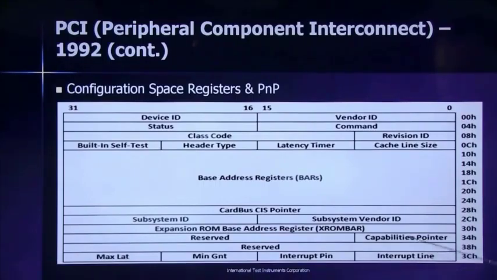Capabilities is something that does the same thing. It points to other structures in memory that spell out particular capabilities of the device. And that's essentially a linked list in memory that you can walk. Interrupt line and interrupt pin, those registers are used for assigning interrupts to this particular device in case the device needs it.